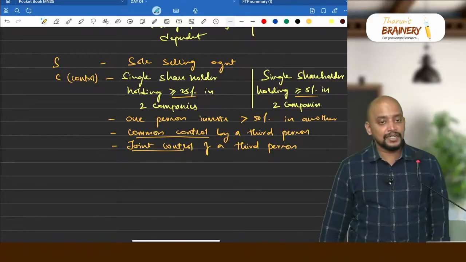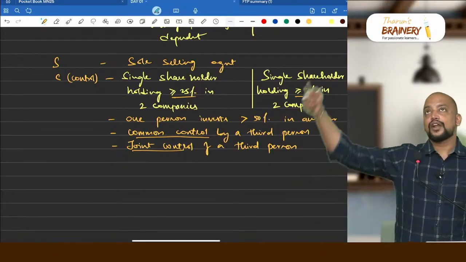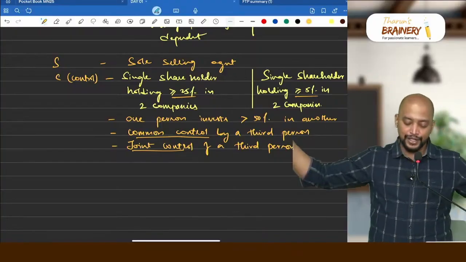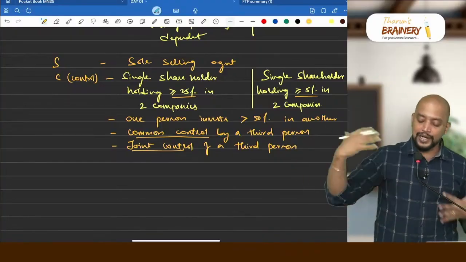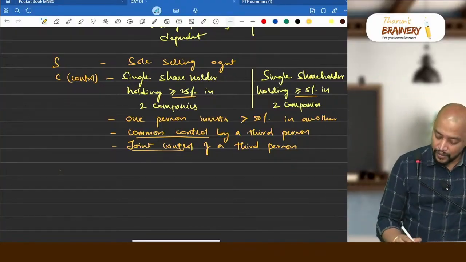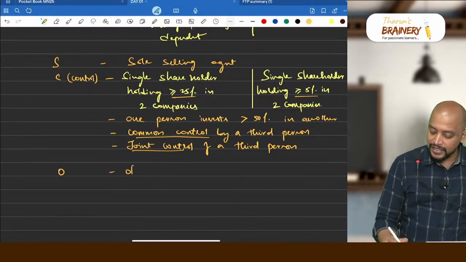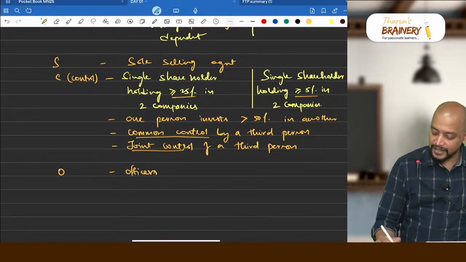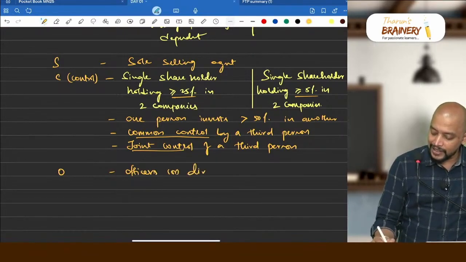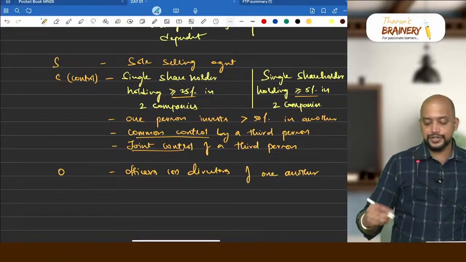Common control by a third person: two companies having common companies controlling these two, or joint control, that is together they control a third person. Then O for officers or directors of one another.